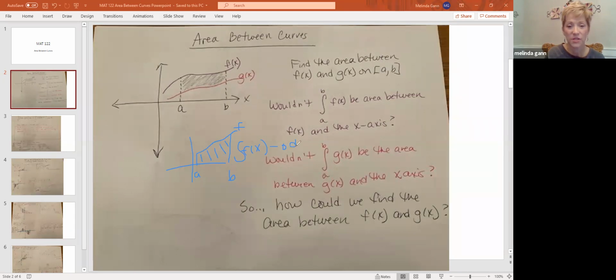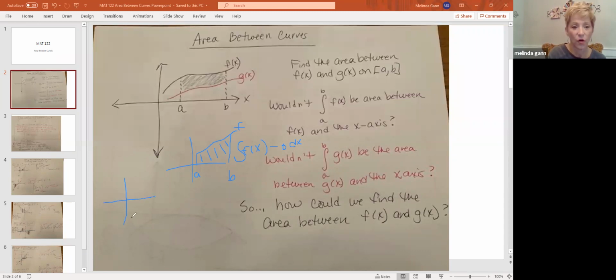So when the curve was above the x-axis, the integration was the same thing, because subtracting 0 wouldn't change anything.